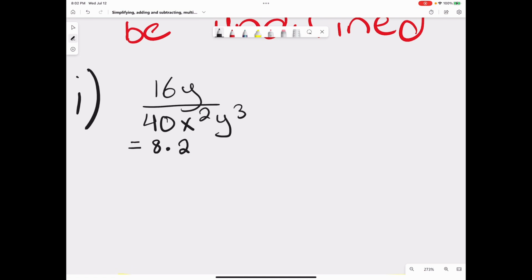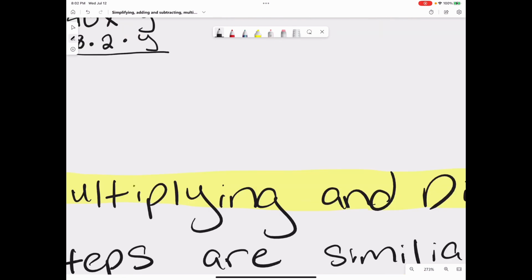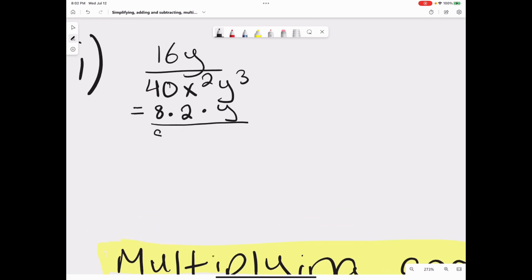And then to get the expression 16y, it would be 8 times 2 times y. And then we think again of the highest number. So is something times 8 able to equal 40? And yes, 8 times 5, and then times x squared times y to the power of 3.